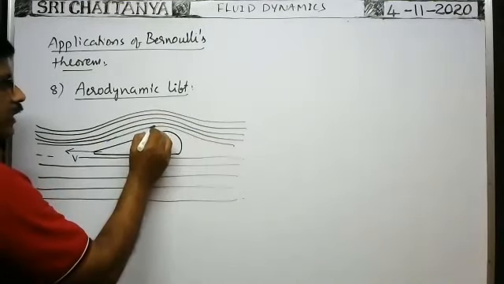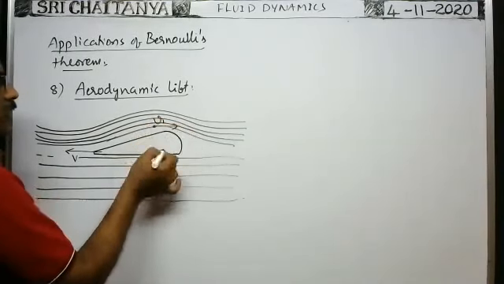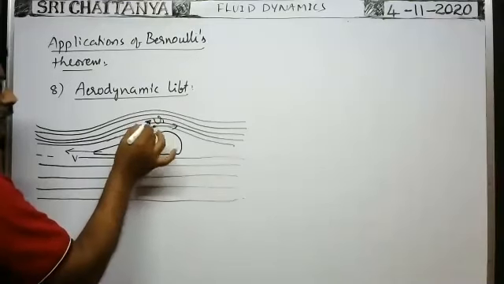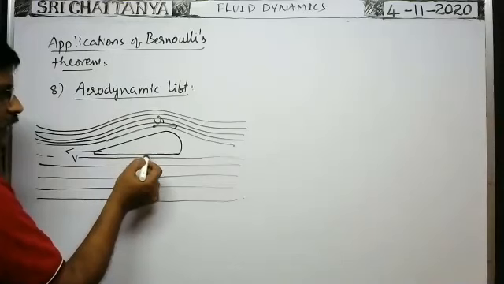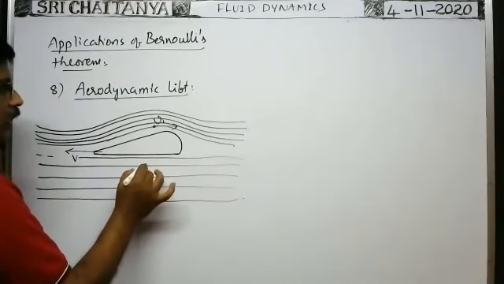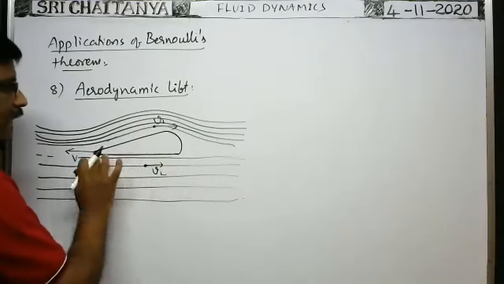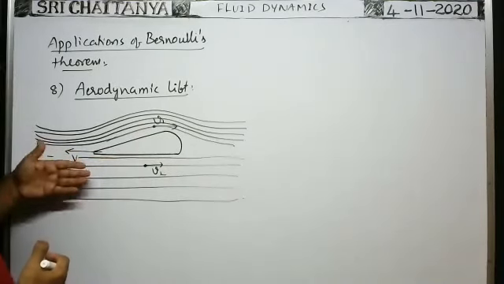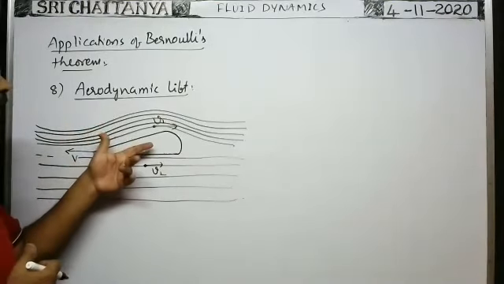That's why the velocity of the air particles is more here. So the velocity of the air particles above the surface of the wing is, say, v1. Below the surface, the velocity of the air particles is somewhat less compared with this one, because it is flattened. As it is flattened, there is no change in the velocity of the air particles flowing at the bottom of the wing.